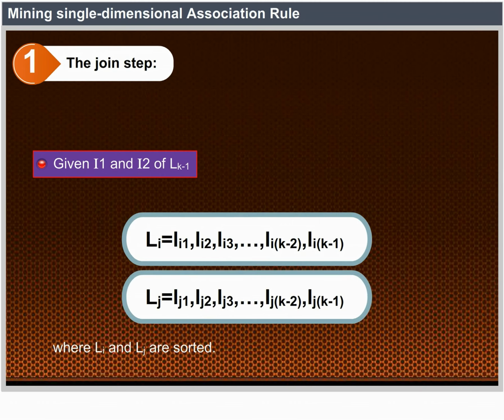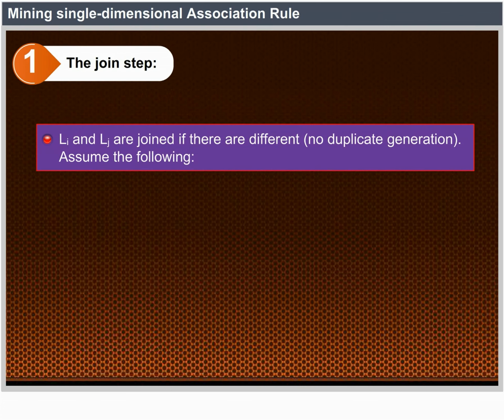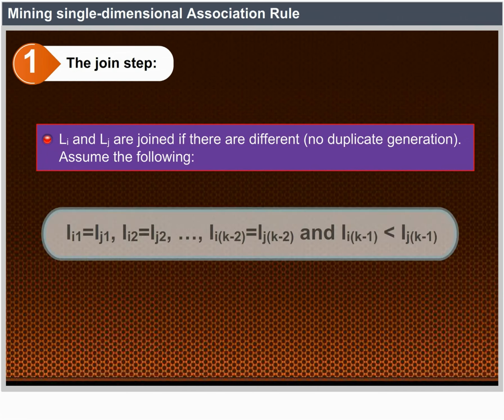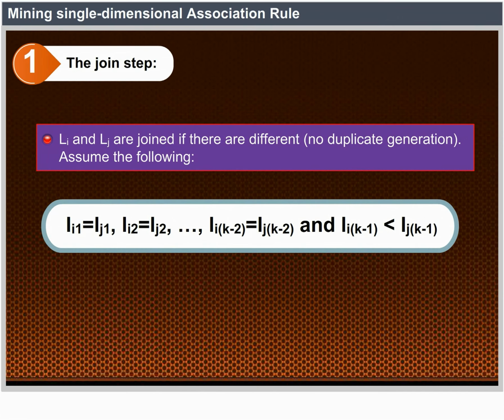li and lj are joined if they are different, so there is no duplicate generation. Assume the following. li1 equals lj1, li2 equals lj2, going up to li(k-2) equals lj(k-2), and li(k-1) is less than lj(k-1).